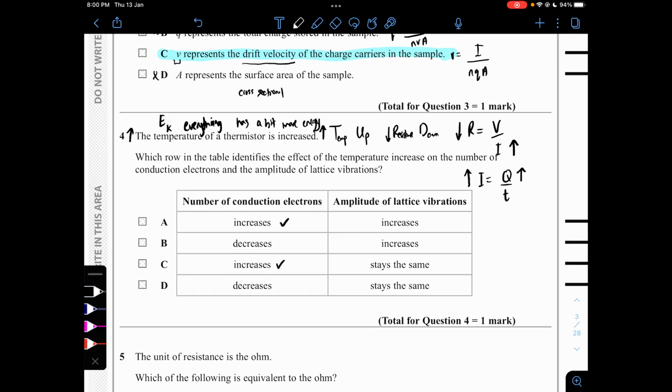Metal ions oscillate with a greater amplitude. Okay, so that means increases. The two ticks here are A, so the answer is A.